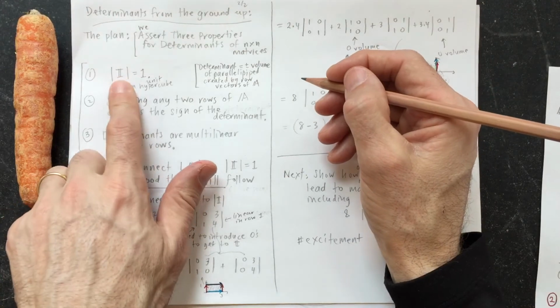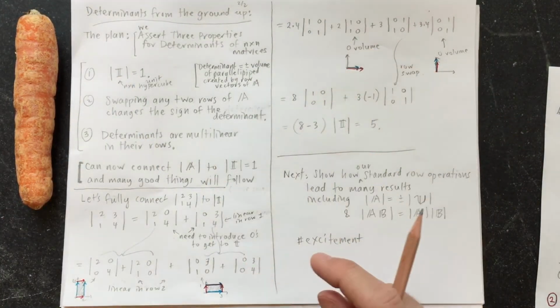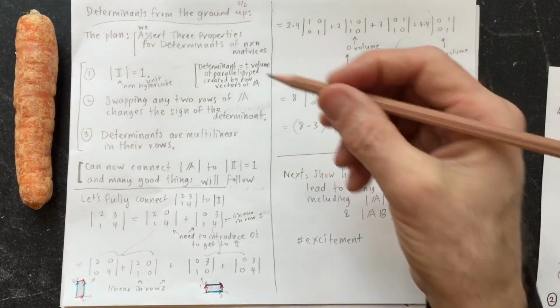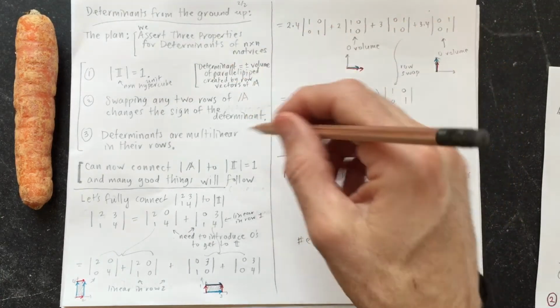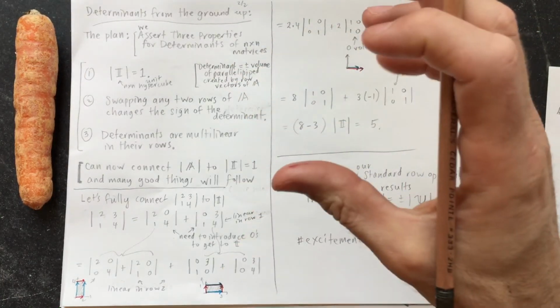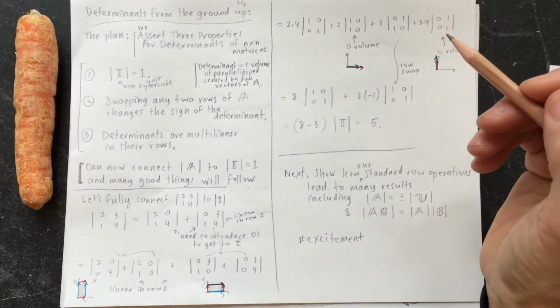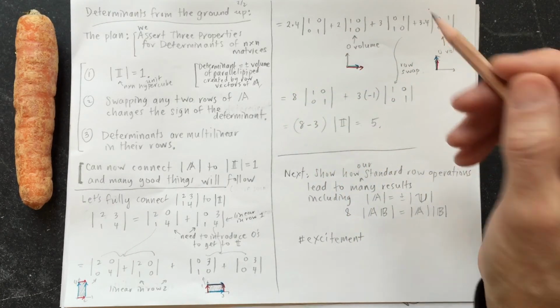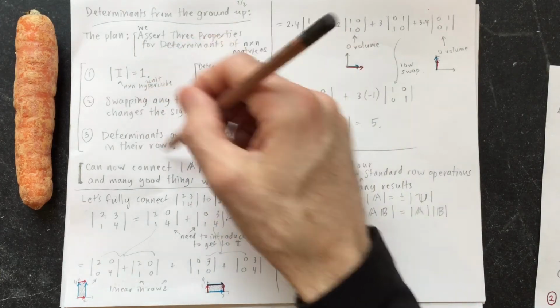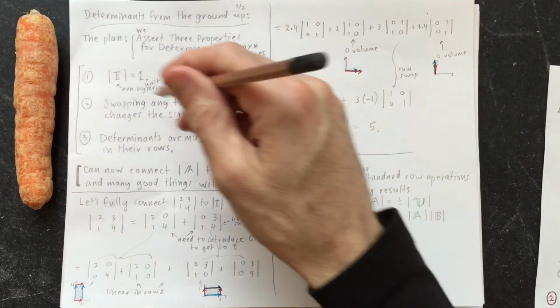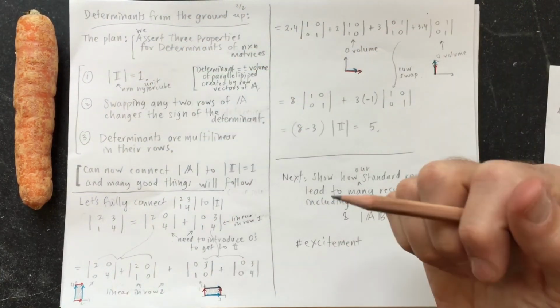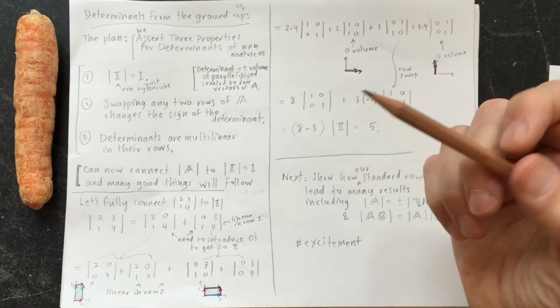Yeah, so for the identity matrix, we have 1, where it's all very simple. Unit vectors along all the axes, so it makes a little hypercube. But in general, it's going to be this funny-looking, high-dimensional parallelogram thing. Okay. So we've noticed these 3 properties, and we're going to then assert them.